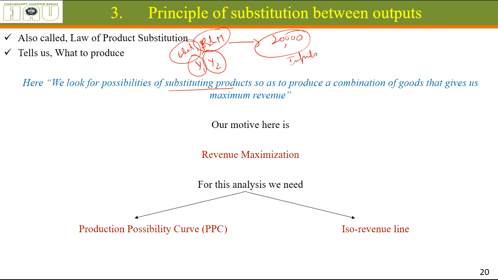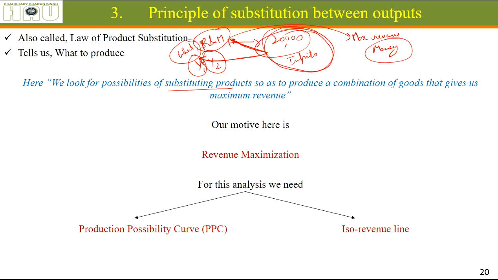With a fixed quantity of inputs, how much area of rapeseed and mustard should we cultivate and how much area of wheat should we cultivate, so that we get maximum revenue, that means maximum money by sale of the output? This is our entire question.